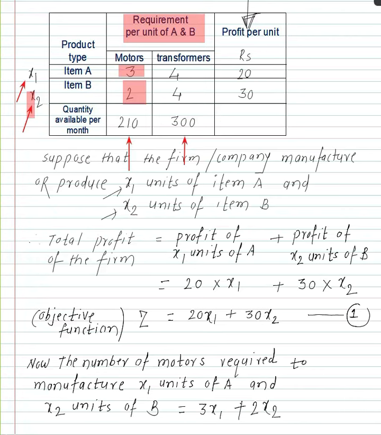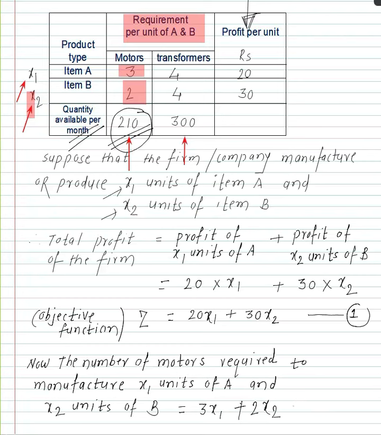So these are the total number of motors required to manufacture x1 units of item A and x2 units of item B. This total should not be more than 210 because only 210 motors are available per month. Every month 210 motors are available to manufacture these two items.